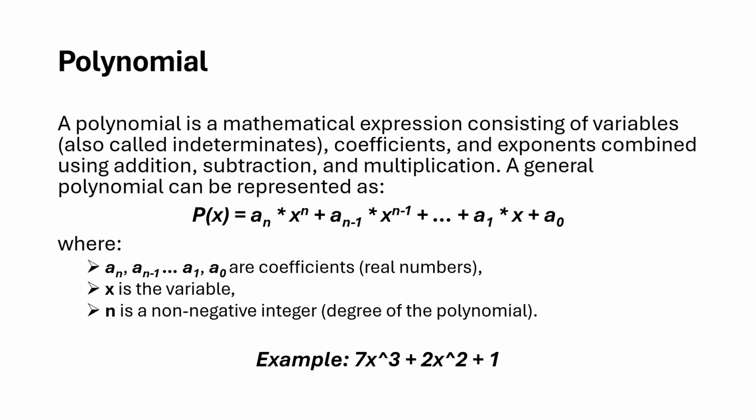For example, if we have an expression like 7x cubed plus 2x squared plus 1 into x to the power 0, this is one real example of a polynomial. The degree of this polynomial is 3.